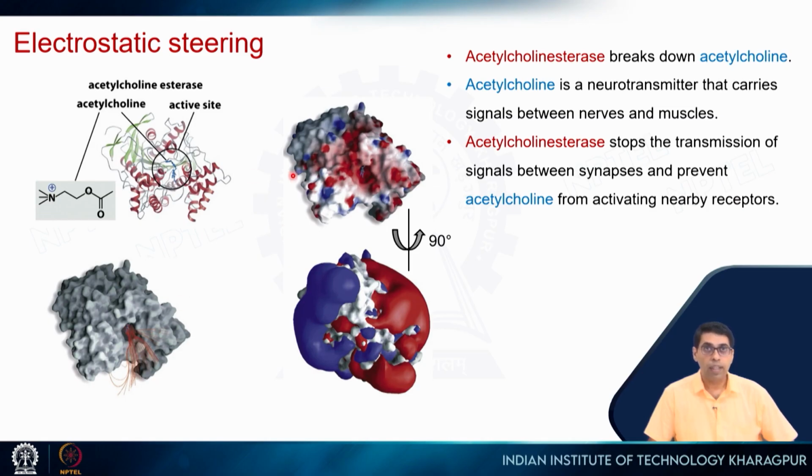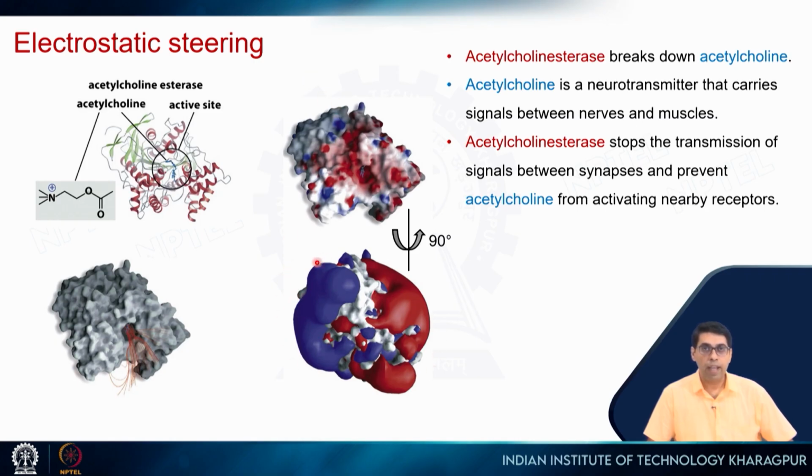You can see that the active site is in the middle of these negative charges, and what is the charge of our substrate? It is positively charged. So, these negatively charged residues will attract this molecule towards the active site. And if you see, this molecule is now turned by 90 degrees. You can see the front face is here and the back face is here.